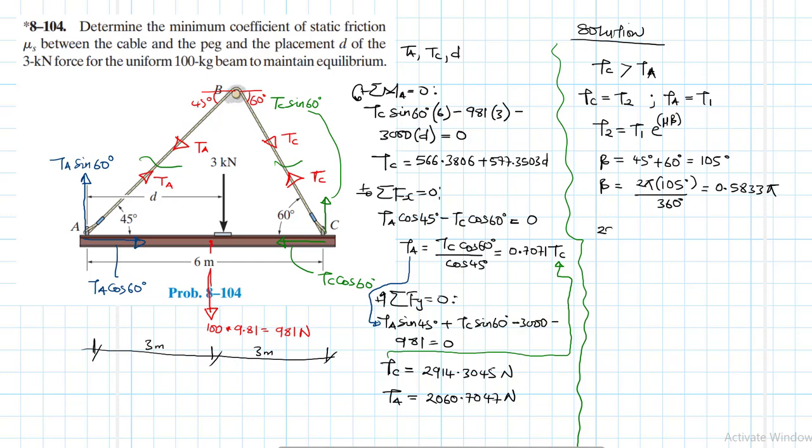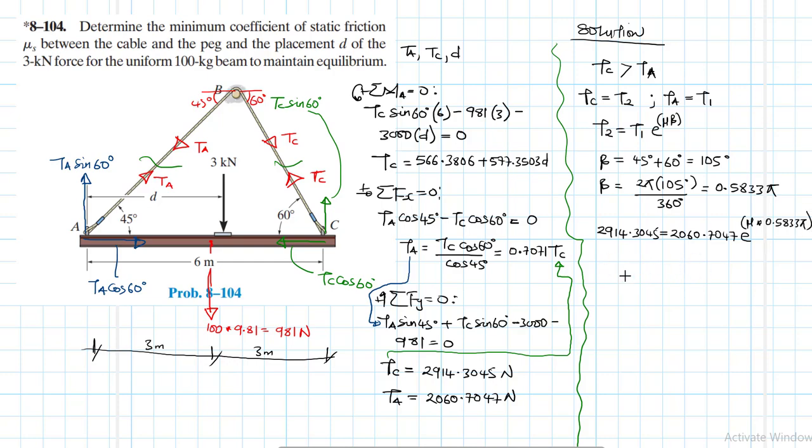So we have 2914.3045 equal to 2060.7047 times e to the power mu times 0.5833 pi.